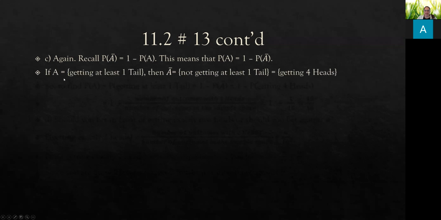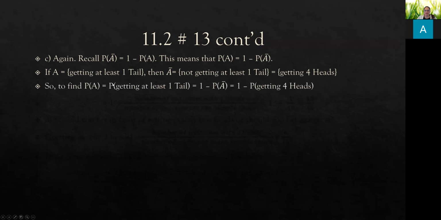So if event A is the event of getting at least 1 tail, the complement means you don't get at least 1 tail. In other words, you get 4 heads. So the probability of event A, the probability of getting at least 1 tail, is 1 minus the probability of the complement.